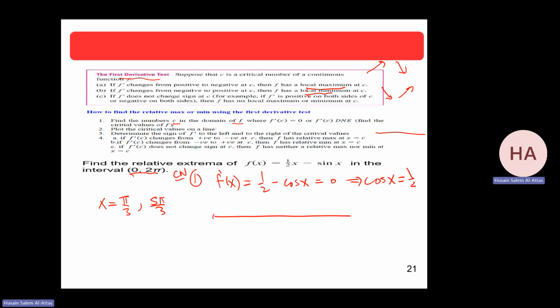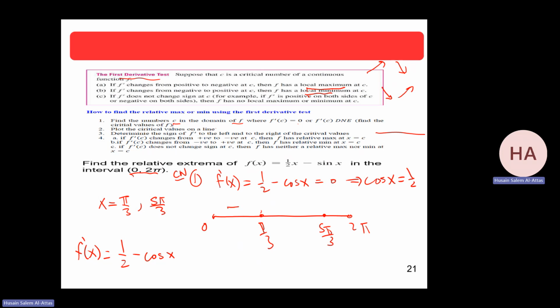Then I have the real number line. I have 0, 2 pi, and I have pi over 3 and 5 pi over 3. Don't forget this is f prime, which is half minus cosine x. So we take a value between 0 and pi over 3, take pi over 4. So you have half minus square root 2 over 2. That will be negative.